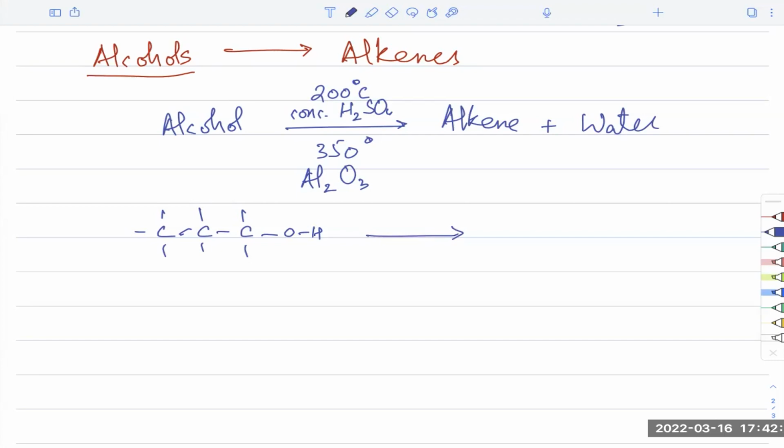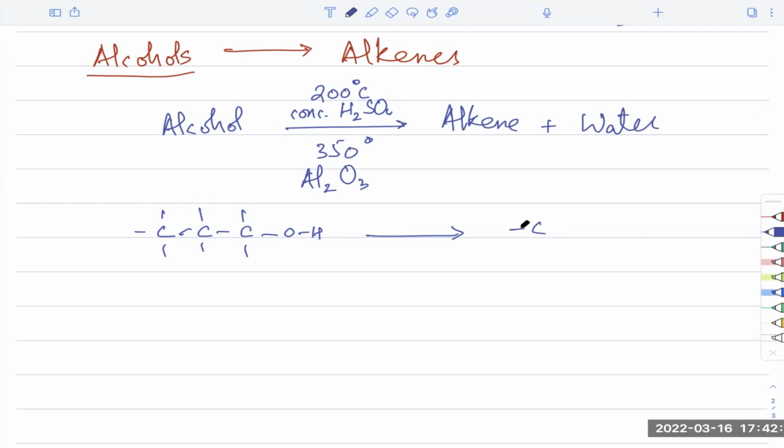This OH is removed from one carbon and H is removed from the other carbon. Remember, it's not hydrogen and hydroxide being removed from the same carbon. It's OH from one and H from the carbon right next to it. Which means that you have a chance of making cis-trans isomers using this whenever possible.